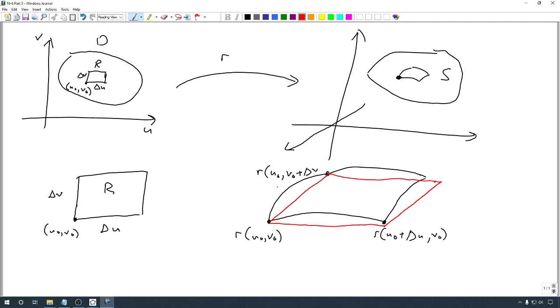But as long as the rectangle R is small, this parallelogram will fairly closely approximate the area of the surface given by the mapping of the rectangle R. And so we can approximate the area as being approximately the area of the parallelogram.